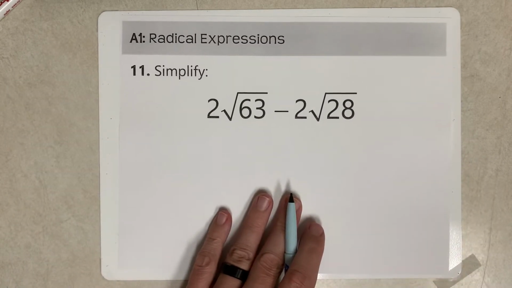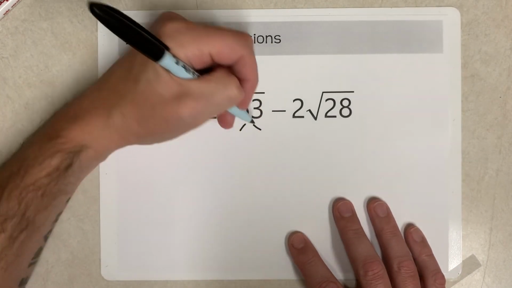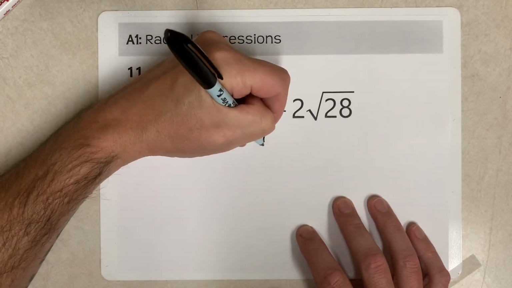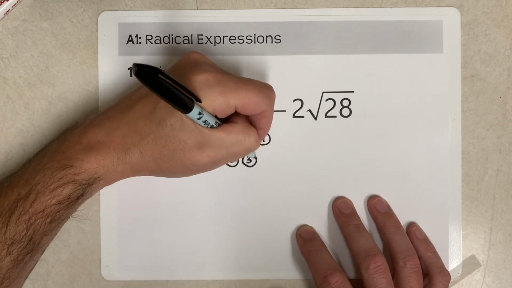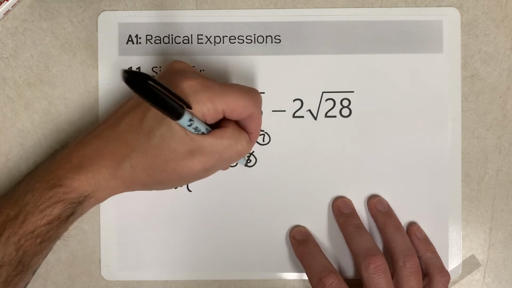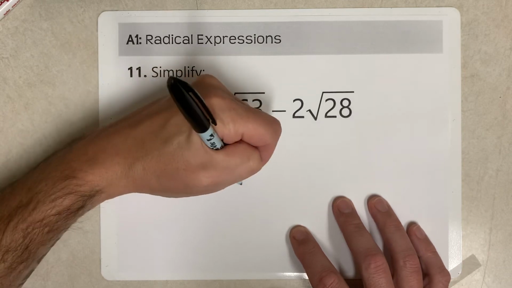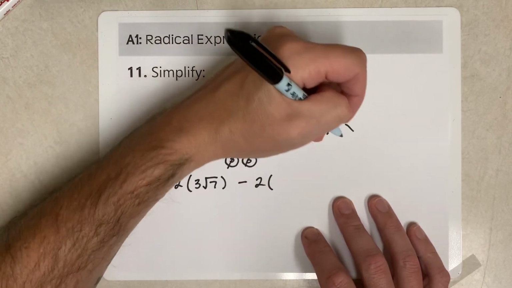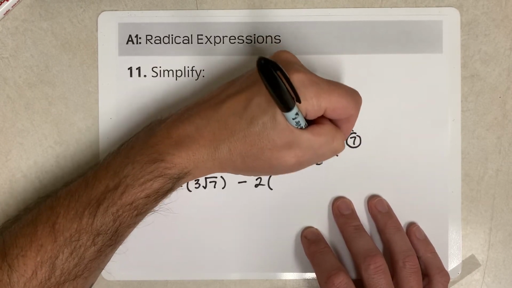All right, root 63, root 28, we got 2's in front of them, so we got to break those down. Root 63 is 9 times 7. 7's prime. 9 is 3 times 3. Okay, so I got 2 times parentheses 3 root 7 minus 2 times parentheses, and here we go. 28 is 7 times 4, and 4 is 2 times 2.